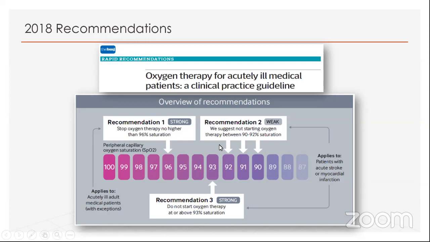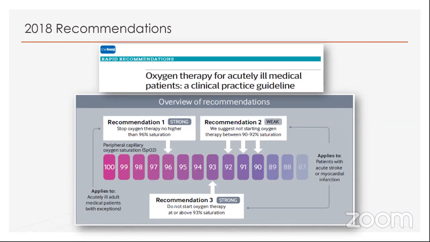The clear thing is that you should not go more than 96%. So don't go more than 96% at any time for your patient. This is risky. Hyperoxia is risky and increases mortality. And the evidence here is somewhat strong.